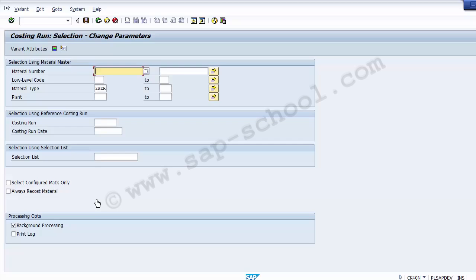The parameters include the material number for which you want to do the costing run. Then you need to fill the material type and the plant if there is any, and what is the costing run date at which you want to execute it.